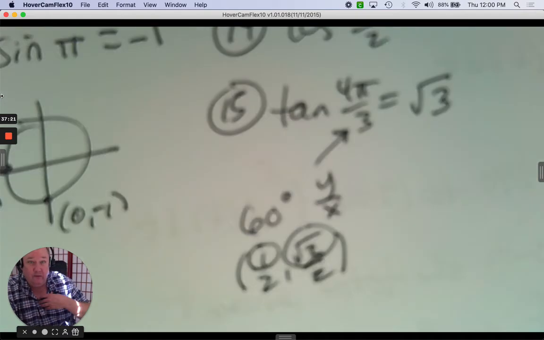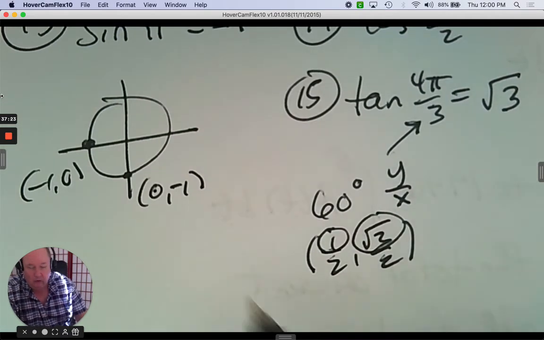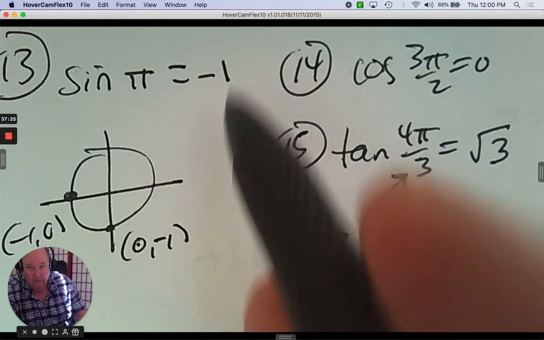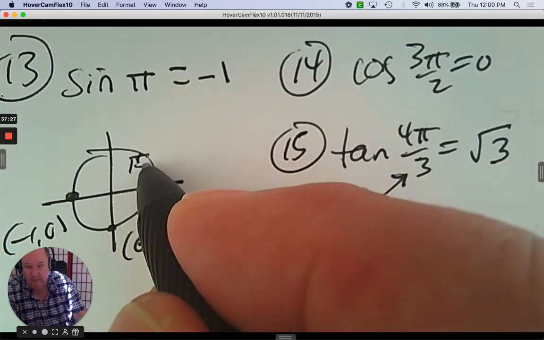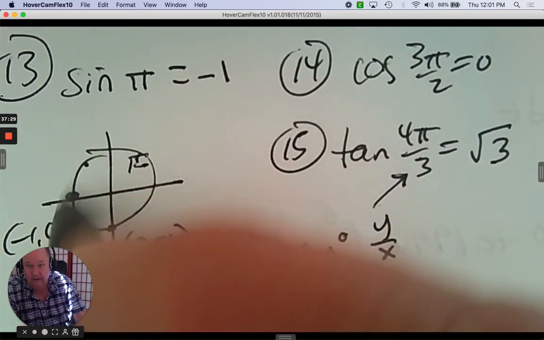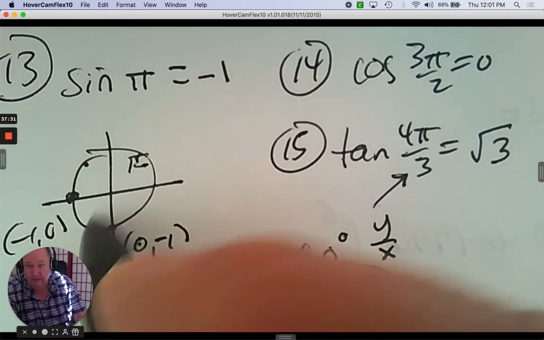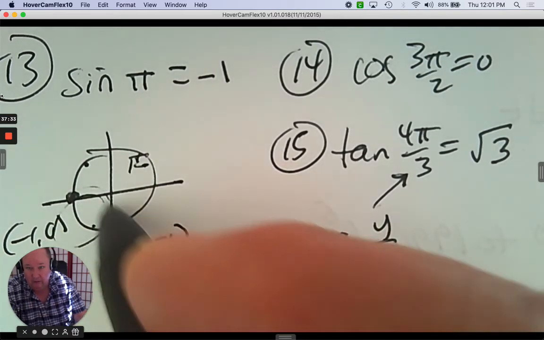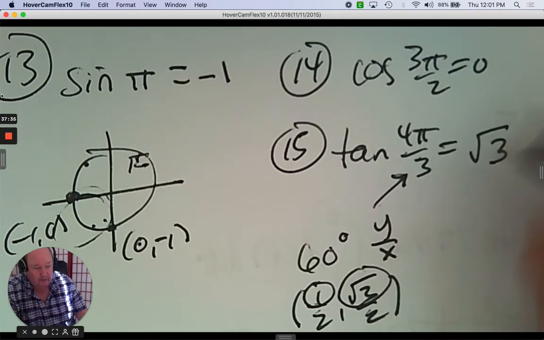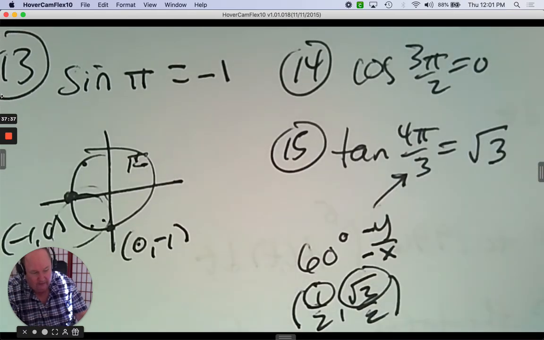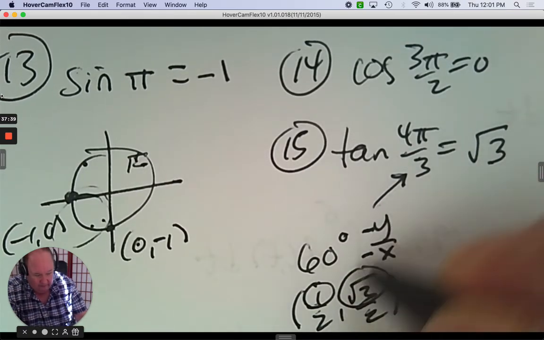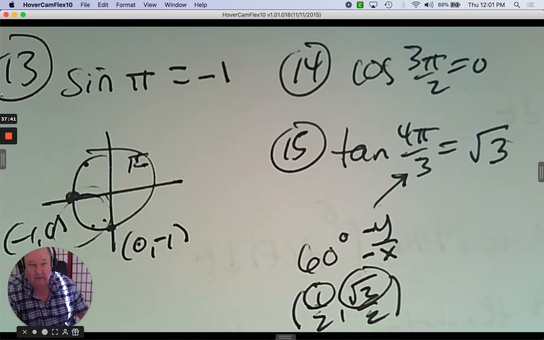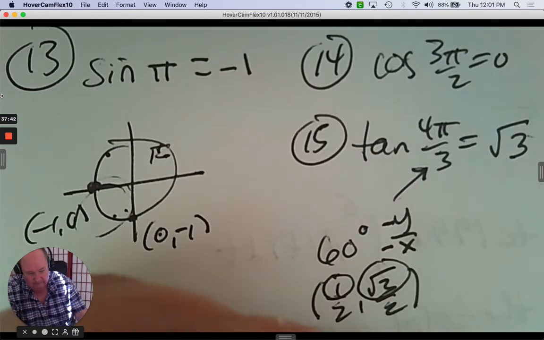And then the last thing I need to think about is what quadrant it's in. 4 pi over 3 is in quadrant number 3. So both the x and the y are negative. A negative divided by a negative, and you have your answer, positive √3.